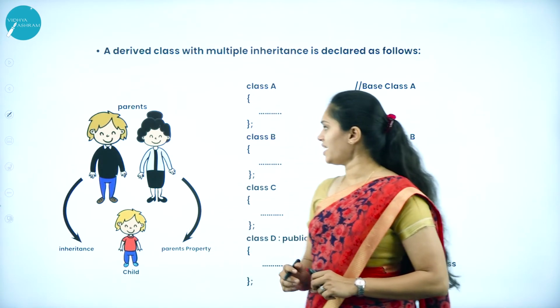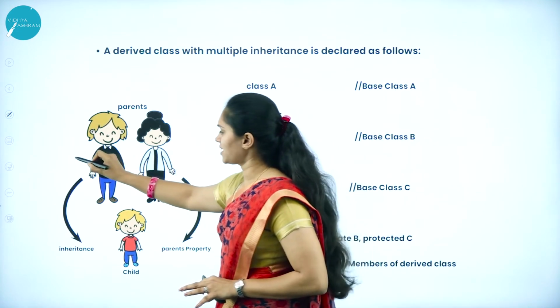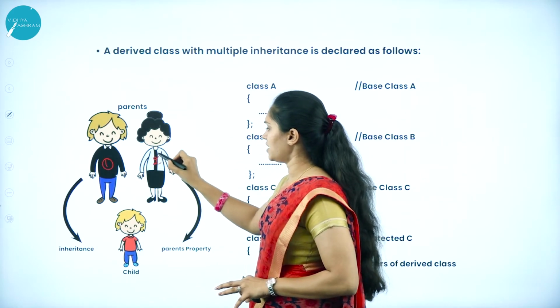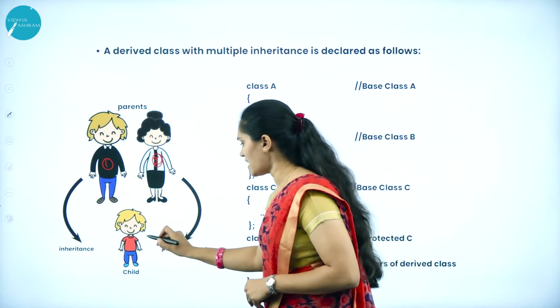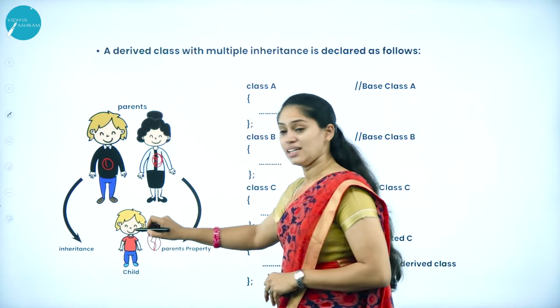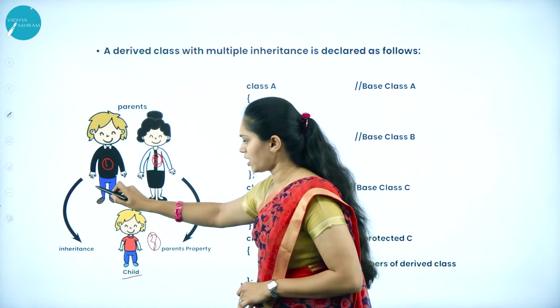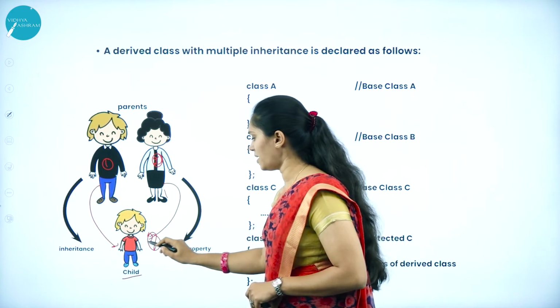If you see the image here, the parent will be one base class. I am going to consider this as one base class and this mother as another base class. What will this child class do? That is the derived class. This derived class, the child class, is going to acquire the features from its father as well as from its mother.